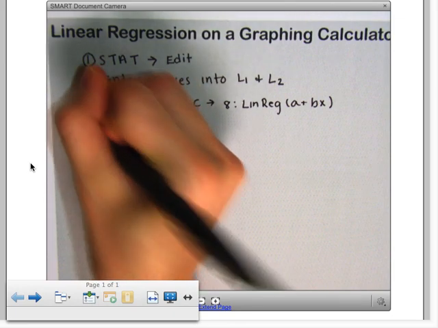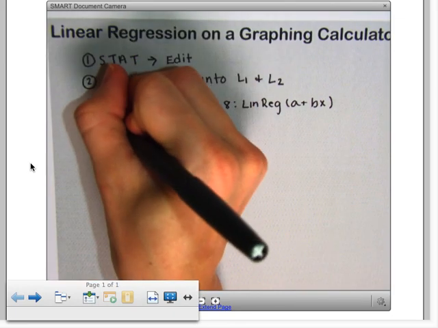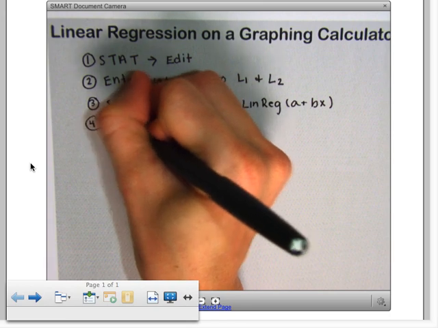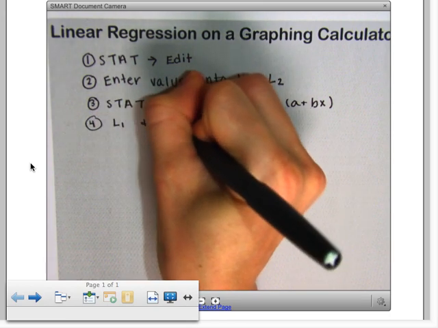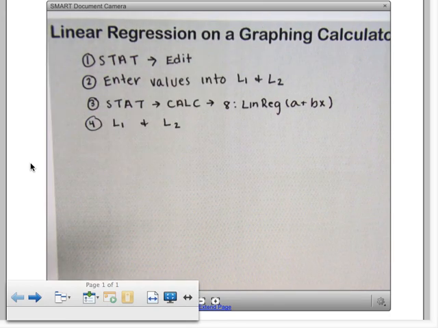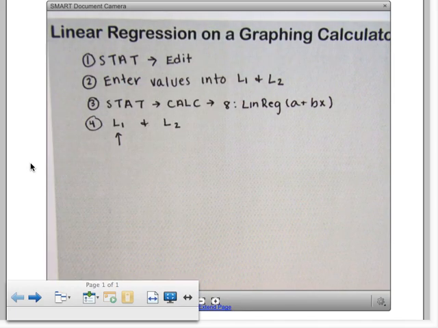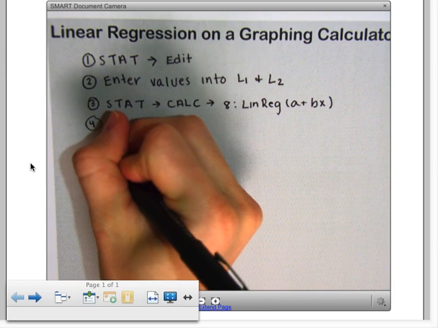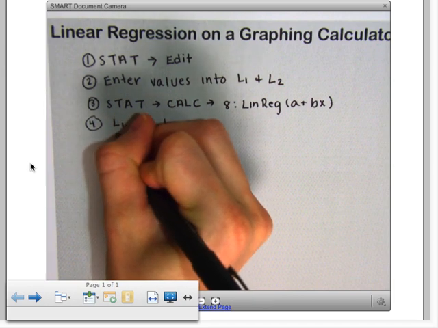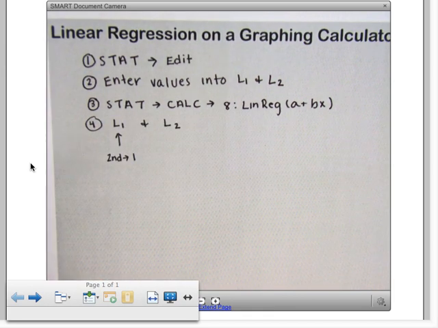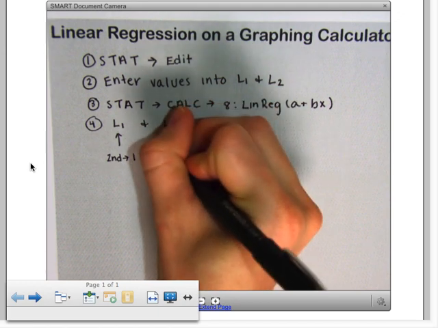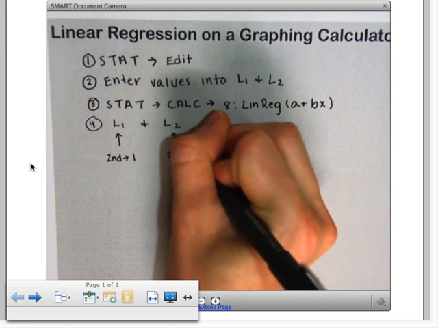But some of you might need to make sure that L1 and L2 are listed. If they are not, to put the L1 in place, you're going to go to second and then 1 on your calculator. And for L2, it is second and 2.